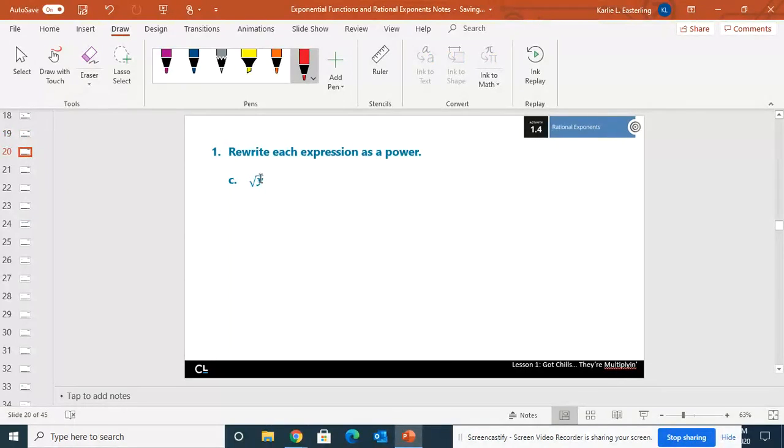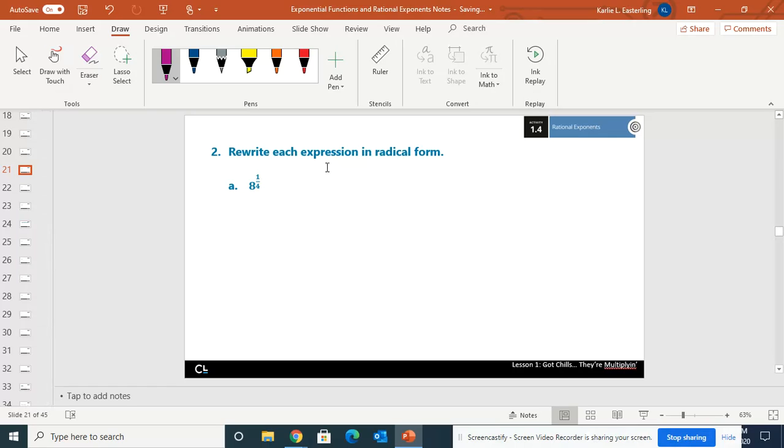I'm going to have y'all do this one. And remember, if there's not a number with that root, it is understood to be a square root. So it should be a 2. Hopefully you got that this was y to the 1/2, because y is to the first power, and the square root is understood to have a 2 there.